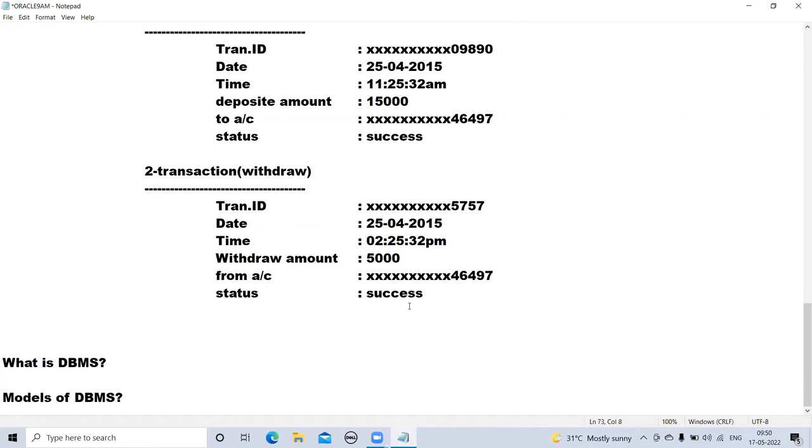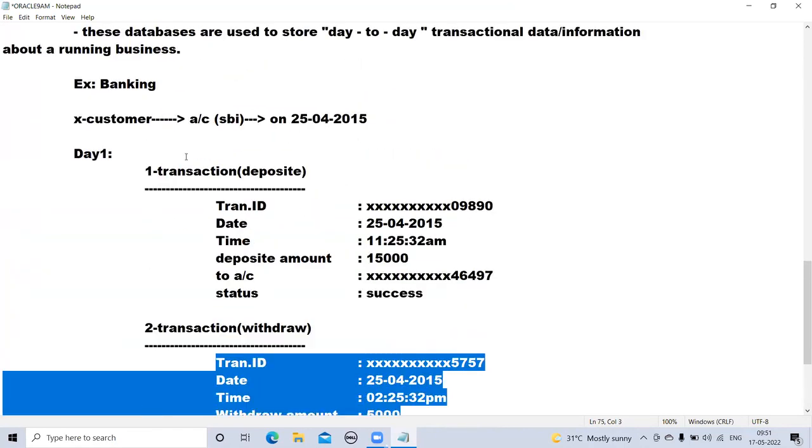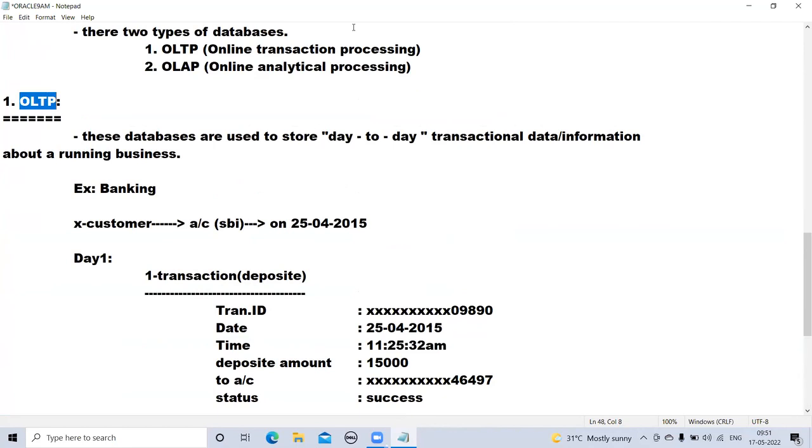From the account, and the status. The status may be success or fail. Suppose here the transaction is fail. But still, this information is also saved under the OLTP database. Understand now?